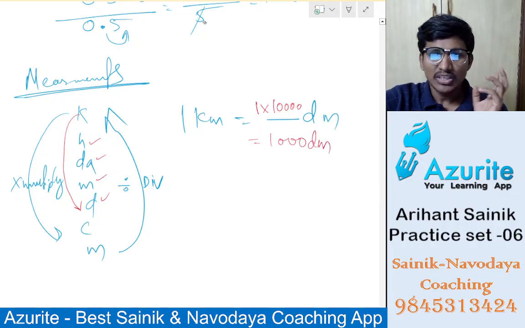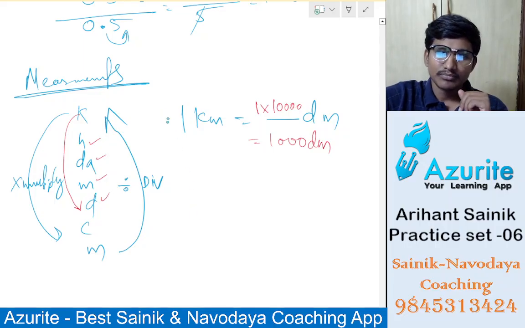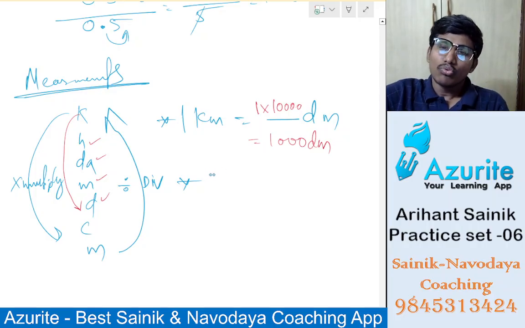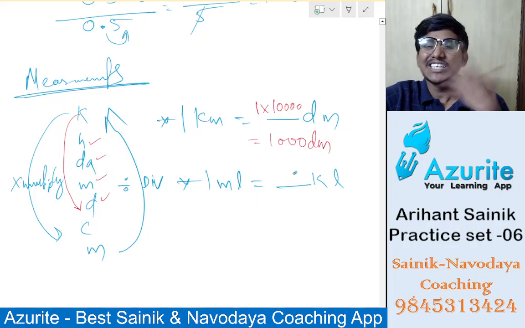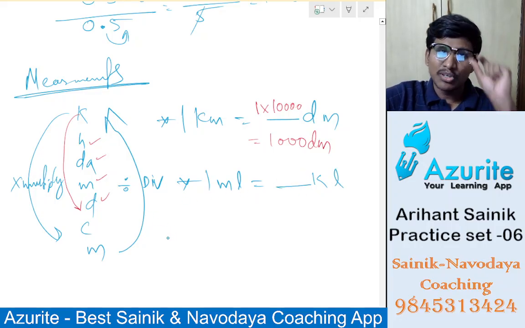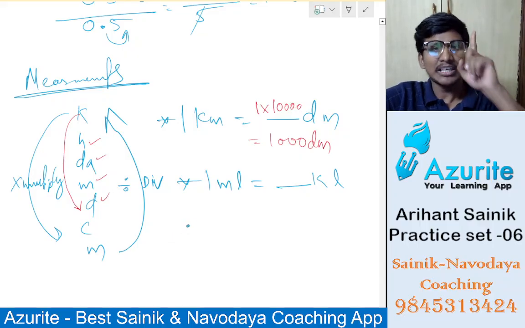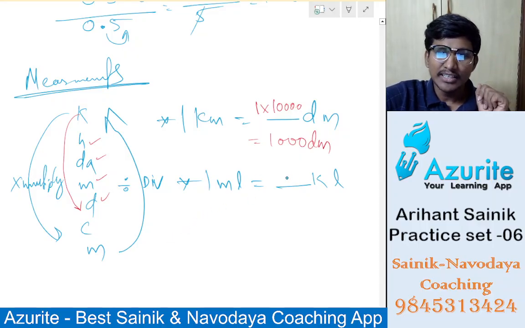Understood? If I take one more example: 1 ml. If they ask, 1 ml is how many kiloliters? ml is smaller, kilo is bigger. So smaller to bigger means we have to divide. So 1 divided by how much?